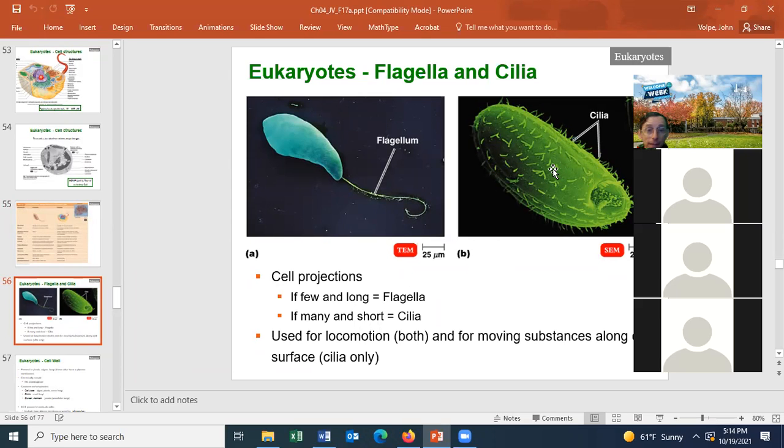They typically beat together, and they look more like a hair, whereas the flagellum looks more like a whip. They're both used for locomotion. Now remember, for a prokaryotic cell, if they move, meaning if they swim, they only have a flagellum or flagella. That's all that prokaryotes move by. But eukaryotes can move by three things: the flagella, the cilia, and the pseudopods.